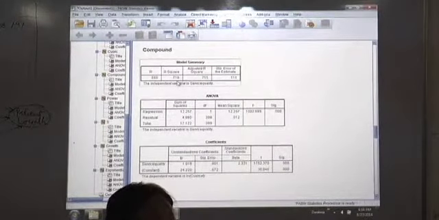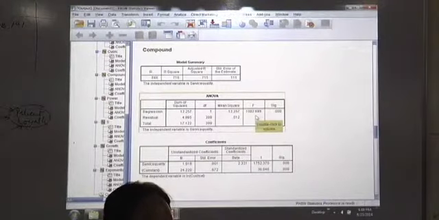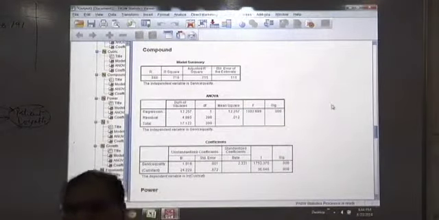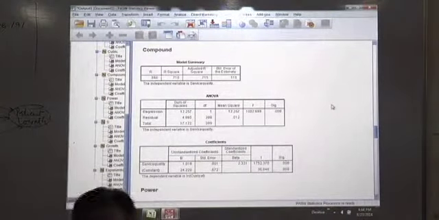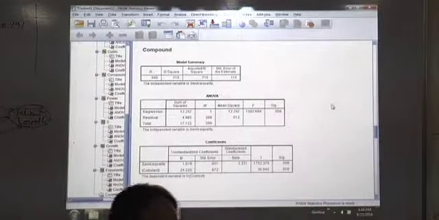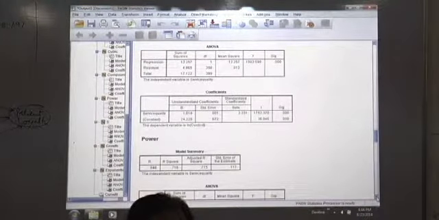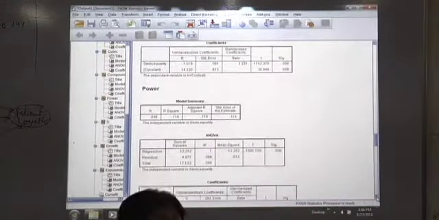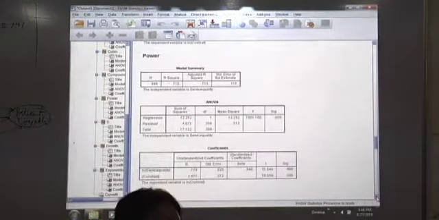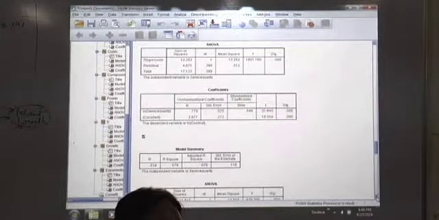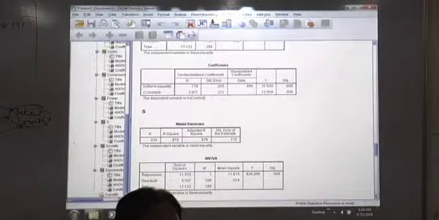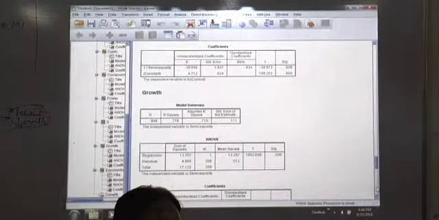Compound 0.716 and 1002. Now this compound is having your best fit in this case. Power 0.716 and 1001. Compound and power would generally give you the same. S 0.678, and linear is better than this.